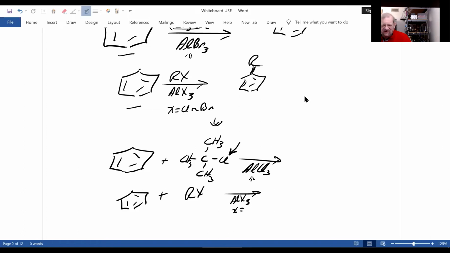Remember, for this reaction, X can be chlorine or bromine. And what you get is Friedel-Crafts alkylation, put on an alkyl group, which we call an R group. And remember, the carbon in R, which has the halogen, is the carbon bonded to the ring in this one.